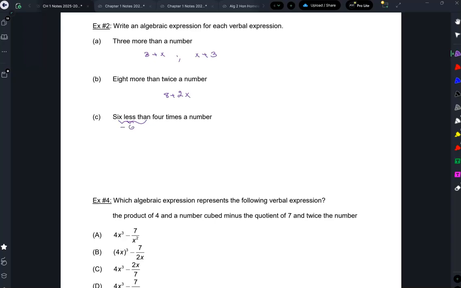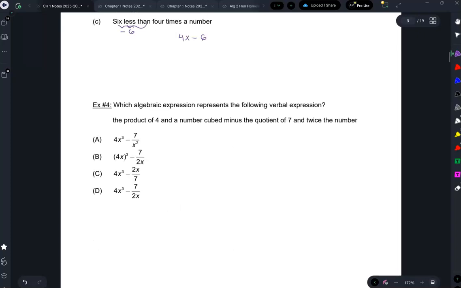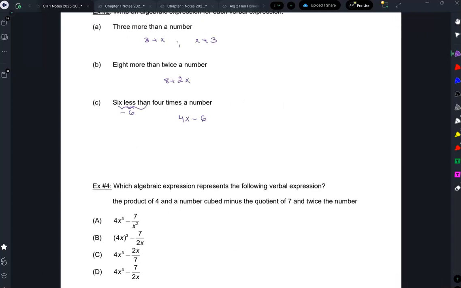You're taking away. So 6 less than 4 times a number will be 4x minus 6. If you do 6 minus 4x, then it'll be 4x less than. So it's a different thing. 6 minus 4x will not work, right?